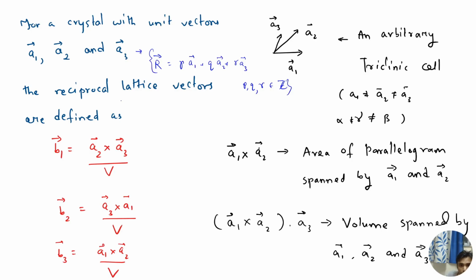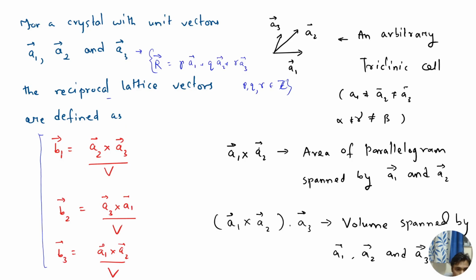Corresponding to this, we define a reciprocal space where the reciprocal lattice vectors are defined as follows. We just take this definition for granted for now, and then we'll see what the consequences are. We define three reciprocal lattice vectors b1, b2 and b3.